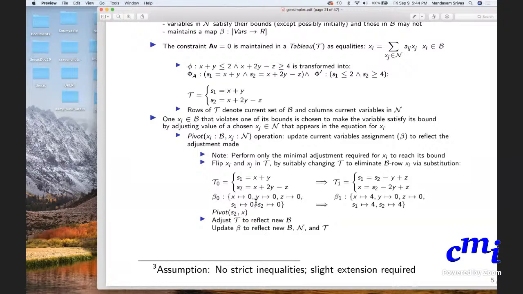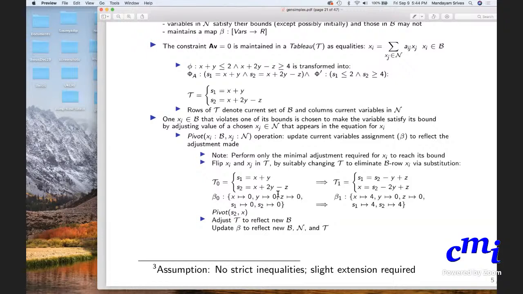With this assignment, you can see that the constraint on S2 is violated. S1 is still true, because S1 requires that it be less than or equal to 2. So S1's constraint is satisfied by this initial assignment, but S2's constraint is violated.